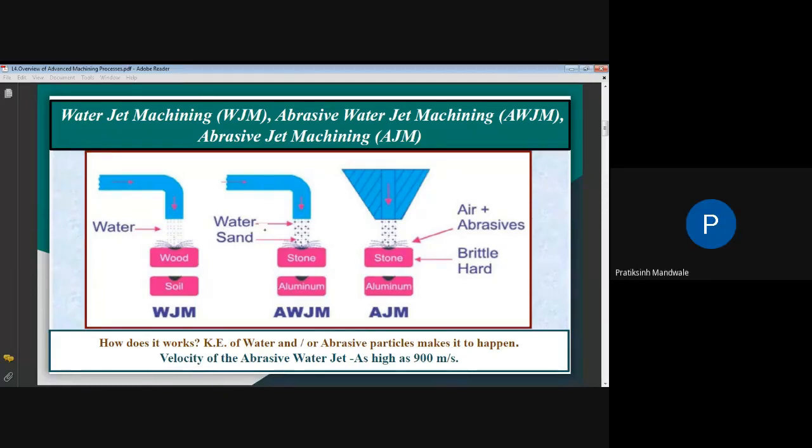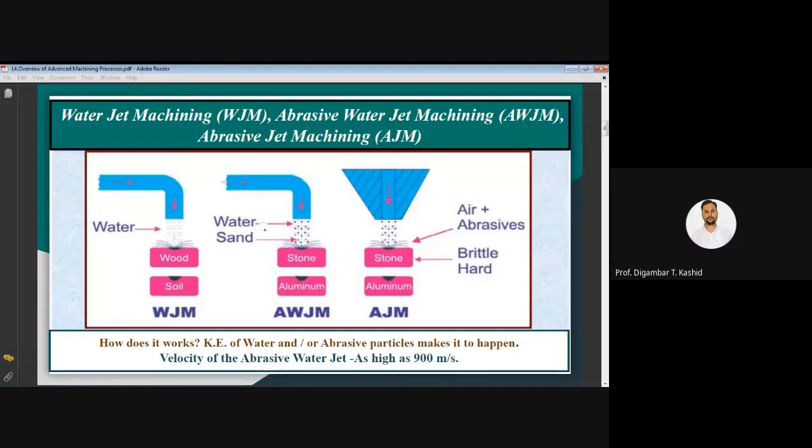Sir, can we use water jet machining to cut fiber material? Now, fiber is not possible using water jet machining. For fiber we have another process, because I have mentioned that some processes have limitations.